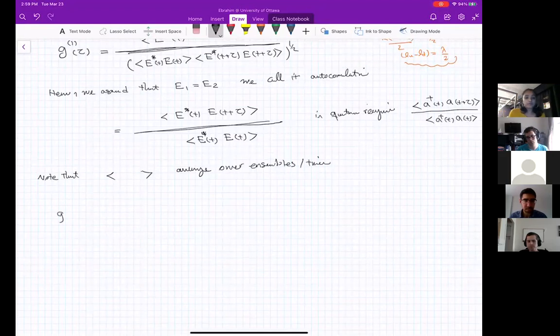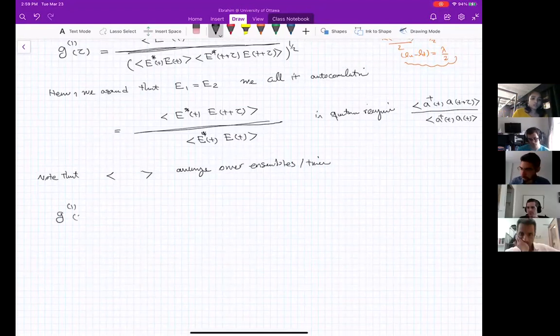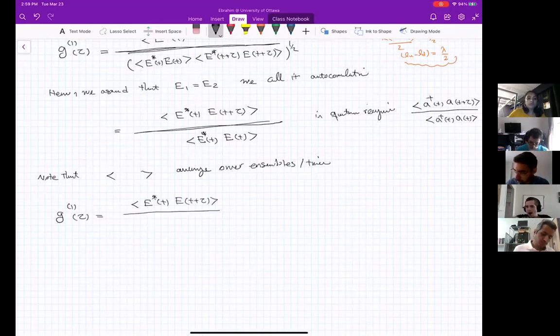So then what I deal with is G1 of tau, which is given by E star of T, E of T plus tau, divided by the intensity, which is E star of T, E of T. Good. And also, of course, I know that in the quantum regime, that will be given by annihilation and creation operators. All right.